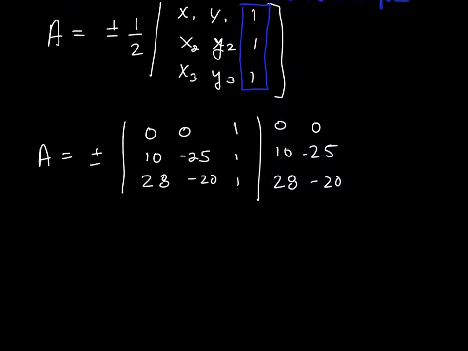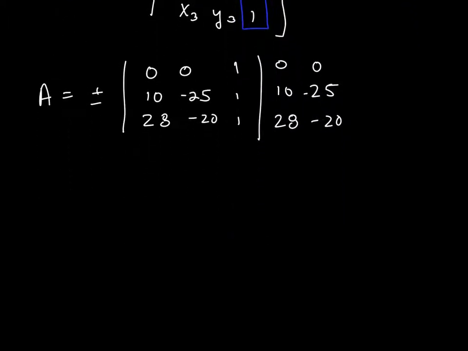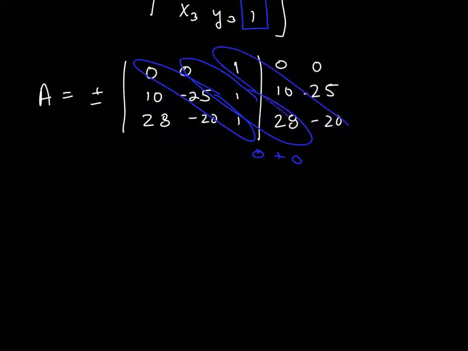To do the diagonals, I'm going to add going down, the products of all of these. So 0 times negative 25 times 1 is just 0. Same thing with 0 times 1 times 28, that's still 0. And then the last one, 1 times 10 times negative 20, gives me plus that negative 200.